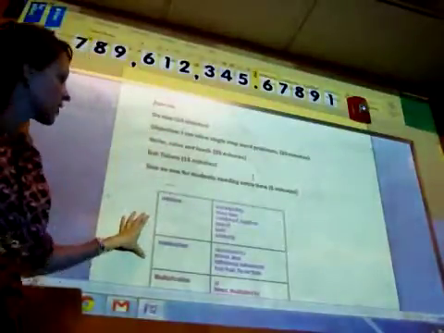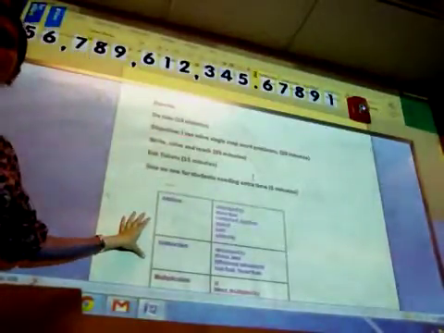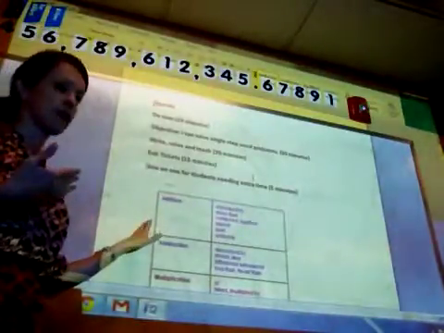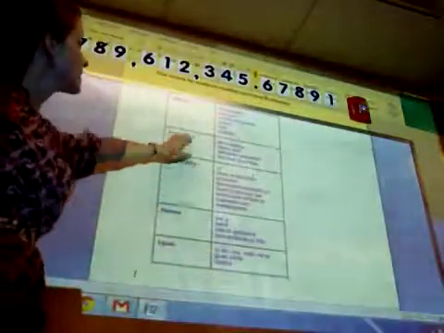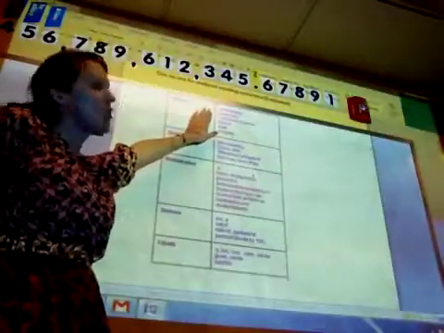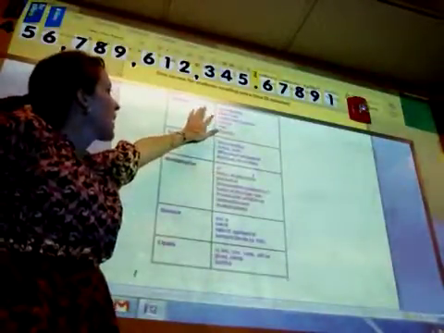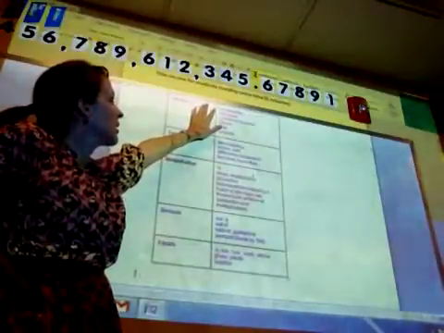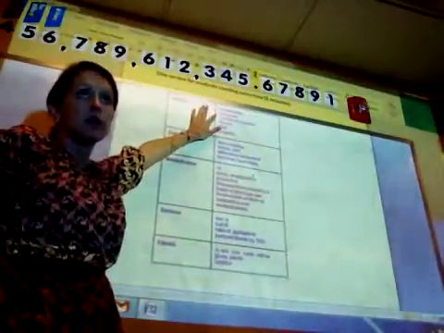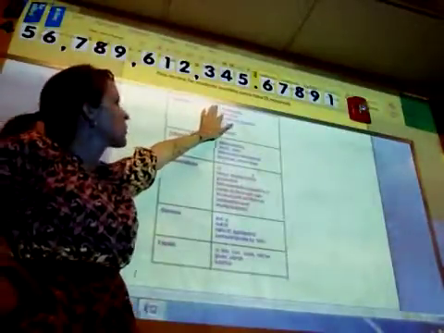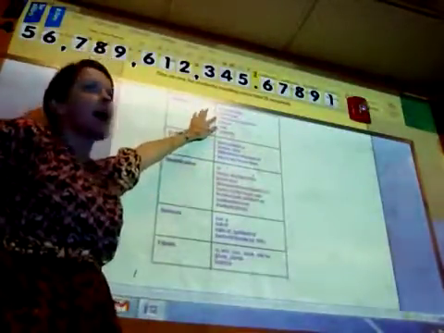The purpose of this chart is to help you when you're reading word problems to be able to identify what it is we're looking for. So let's look at this chart a little bit. If you're reading a word problem and you see things like how much is it increased by, or how many more, or is this more than, maybe combined or all together.